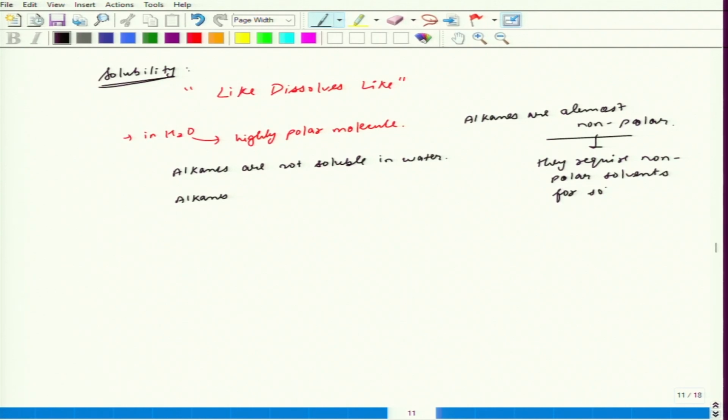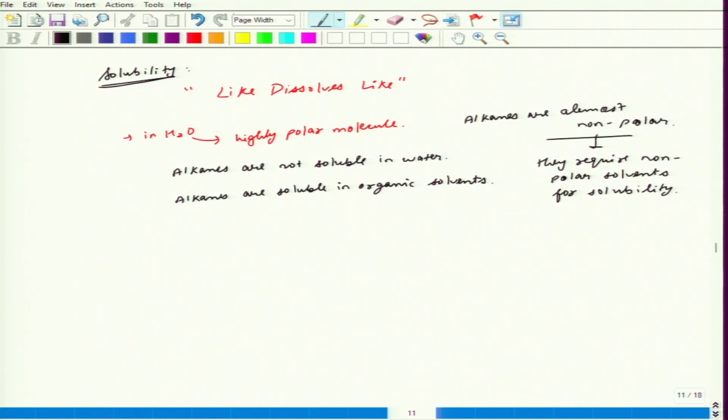And we have plenty of non-polar solvents in the form of organic solvents. So alkanes are soluble in organic solvents like DCM, dichloromethane, ethyl acetate, and benzene. These are the types of solvents that alkanes are soluble in.